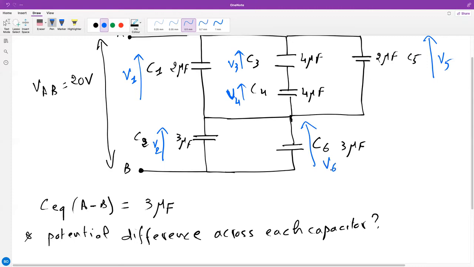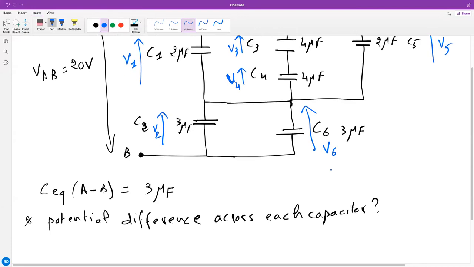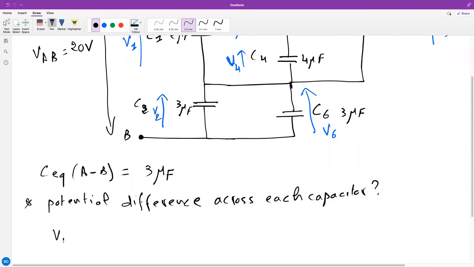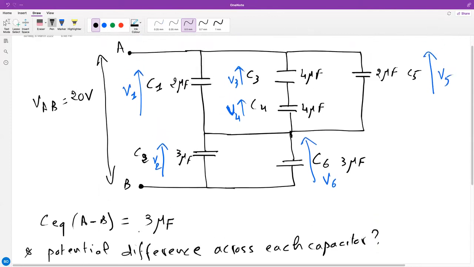Now, the first thing that we need to remember is that the potential differences add. So we'll write down the equations of the potential difference. The first equation will be that V1 plus V2 is equal to 20 volt, because if you look at this, V1 plus V2 form the potential difference across A and B.